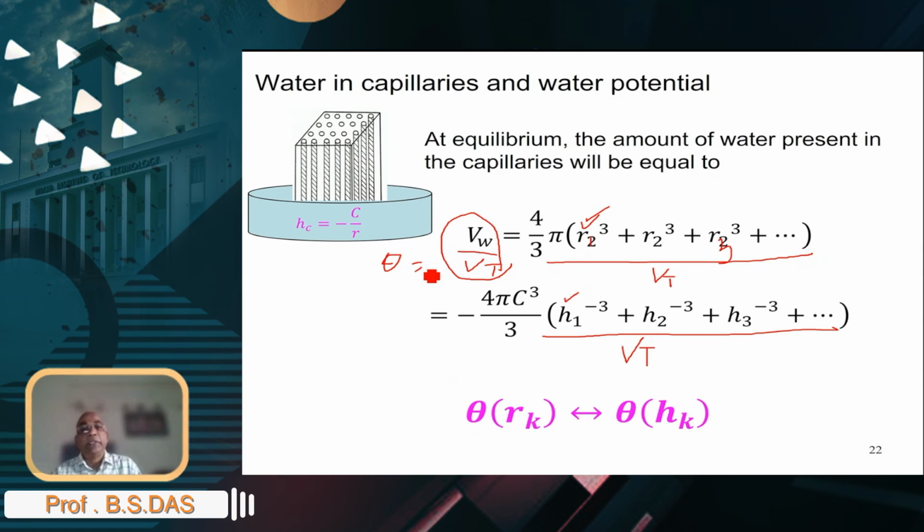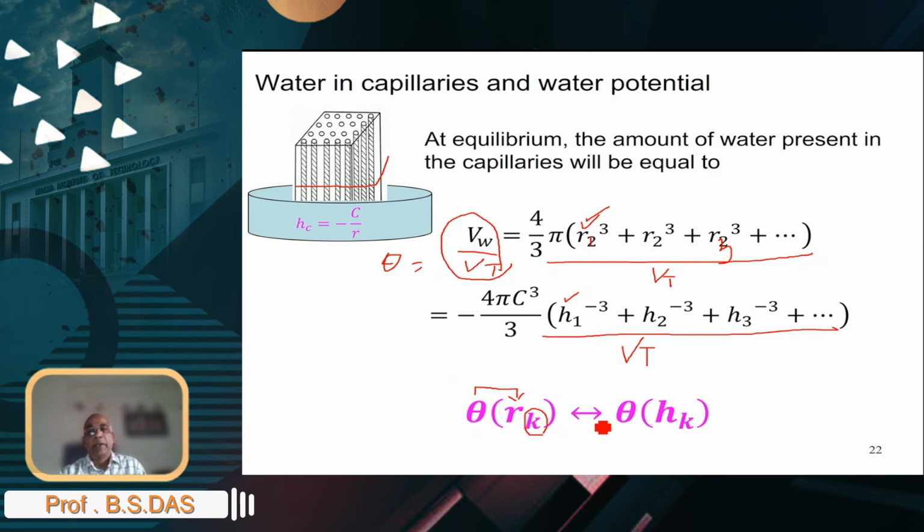So what you see is that this amount of water present in a bundle of capillaries, the so-called soil approximation, is uniquely linked to the radius of the pore at a specific level of equilibrium.